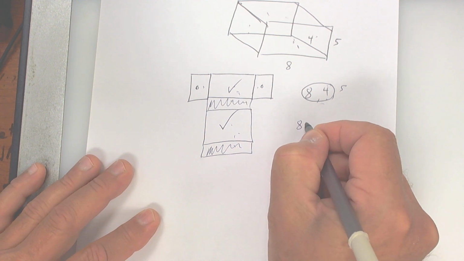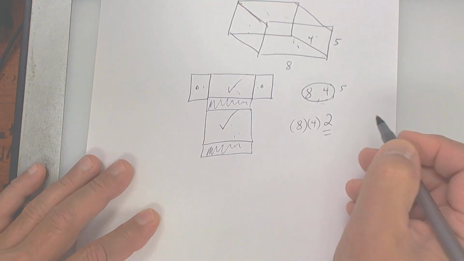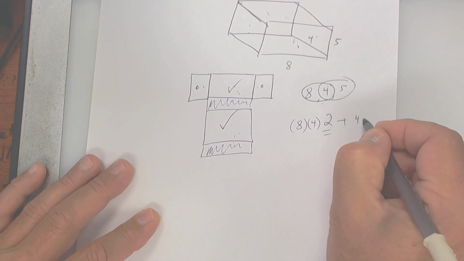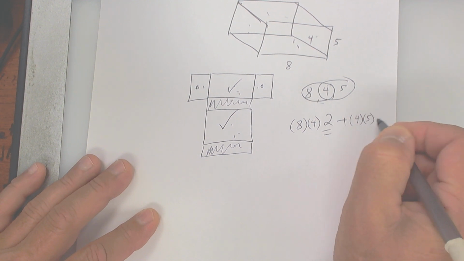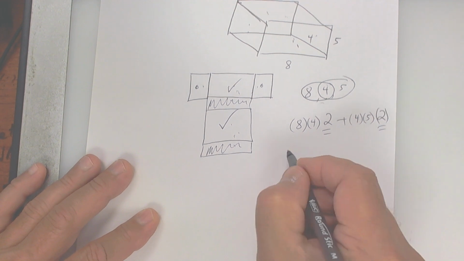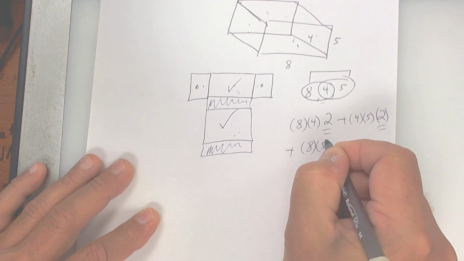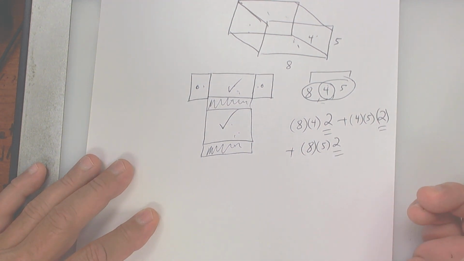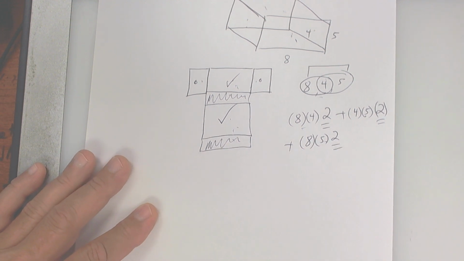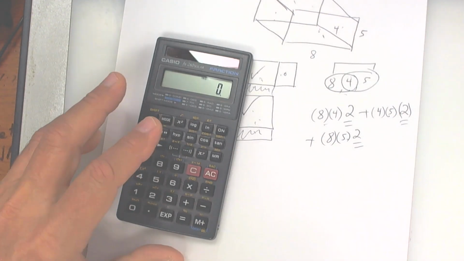So you're going to take 8 times 4 times 2 plus, then you're going to take these 2, 4 times 5 times 2, because you have 2 of them, plus you're going to take the first and the last times 2. And that's it. You're going to multiply, multiply, multiply, add it all up, and that gives you surface area. Really simple, okay, for a box.